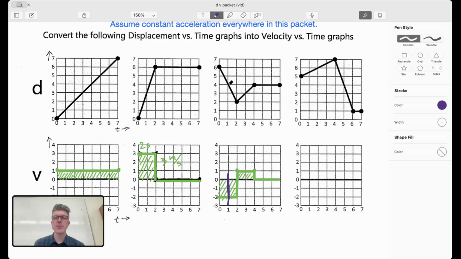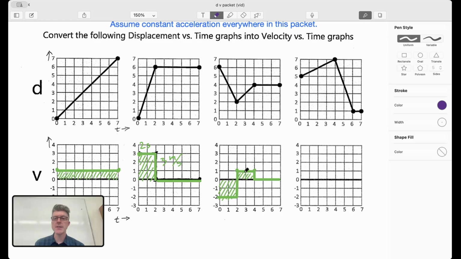That's a -2 displacement. If we went for 2 seconds, we got 4. And so for the 2 seconds, we went from 6 to 2. That's a -4 displacement. So again, -4, because this is down below. We went negative displacement of -4.